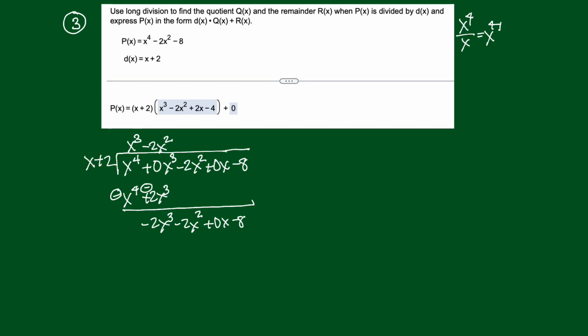So this will be negative 2x cubed. And then negative 2x squared times positive 2 is negative 4x squared. Now subtract. So change these signs, plus, plus, and then negative 2x cubed plus 2x cubed, that's gone. I get negative 2x squared plus 4x squared gives us positive 2x squared. Now bring down, plus 0x minus 8.